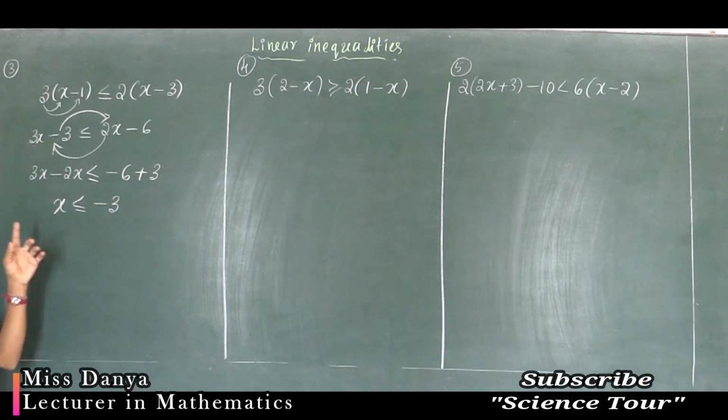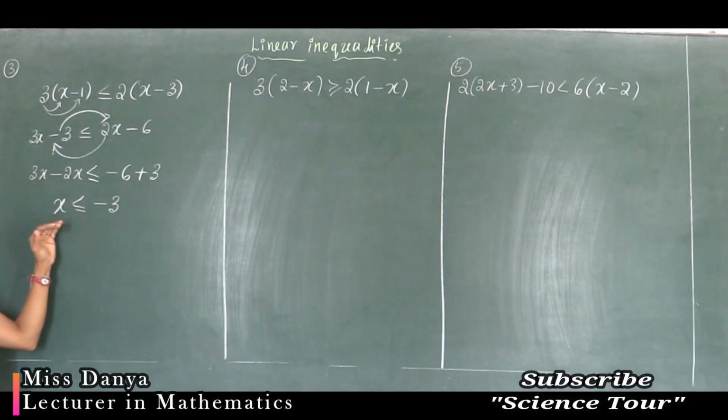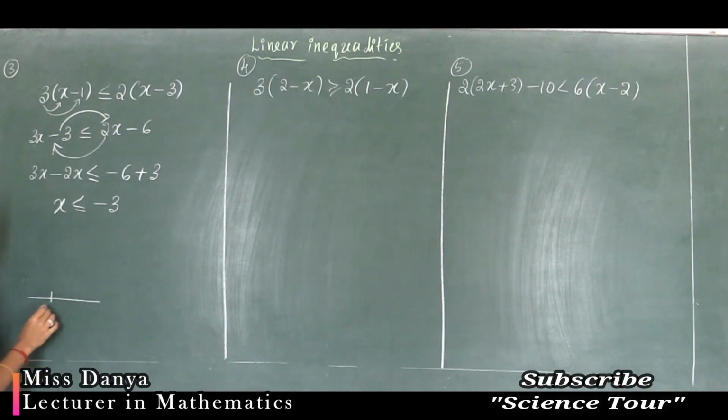You have to write real number solutions. If they don't mention, just solve the inequality, means you have to write the real number solutions for this inequality. Okay, so now x less than or equal to minus 3 means how you have to write. Since 0 you have, then you have minus 1, minus 2, minus 3, like this.